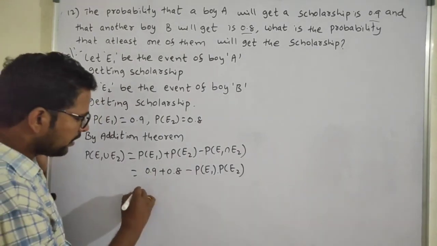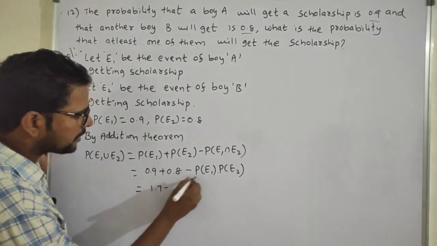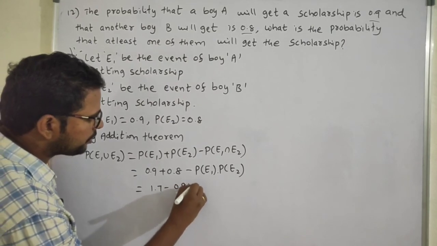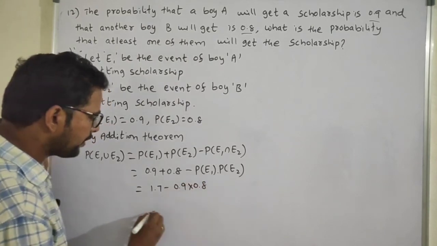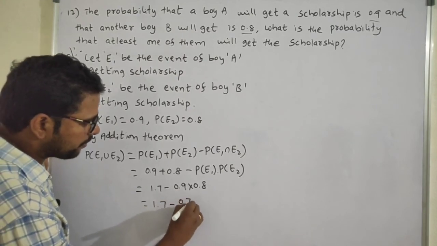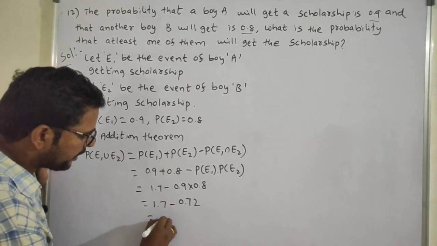So substituting, 0.9 plus 0.8 is 1.7, minus P of E1 value 0.9 times P of E2 value 0.8, so 1.7 minus 0.72 is equal to 0.98.